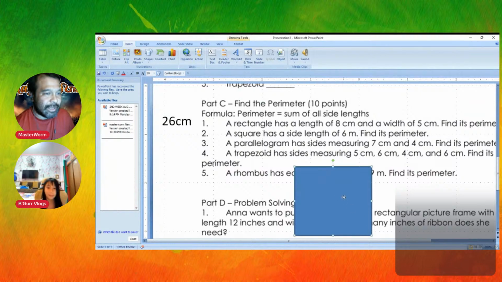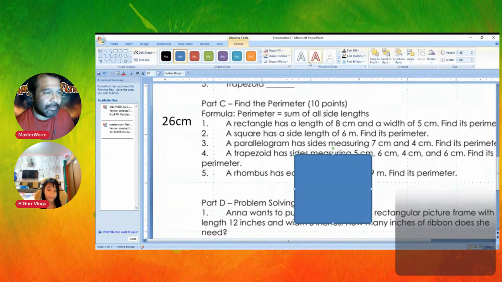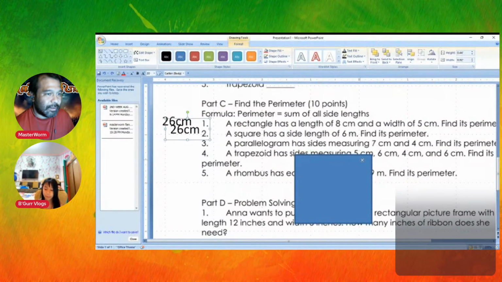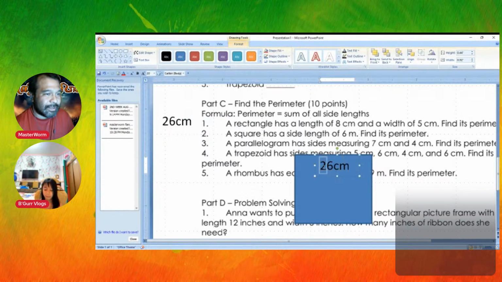You see the square? If one side of the square is 6 centimeters, how many centimeters will be on each side?